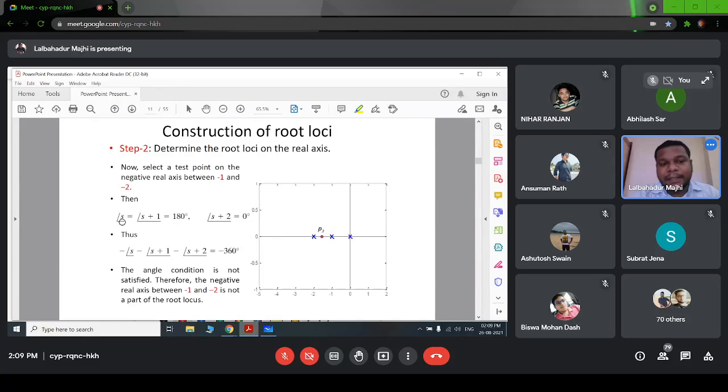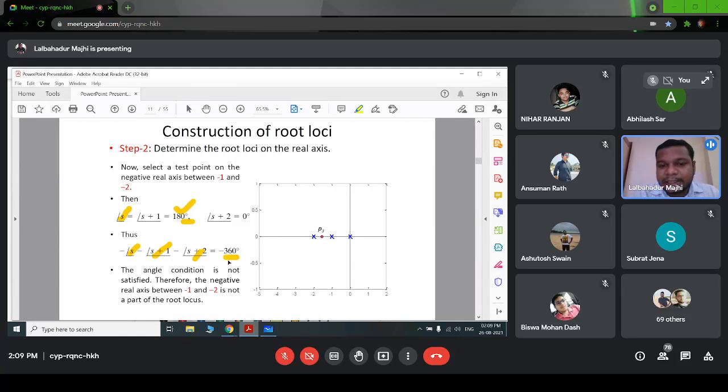So -1.5 gives 180 degrees, and similarly -1.5 plus 1 will also give 180 degrees. But -1.5 plus 2 will be 0.5, a positive number, so we will get 0 degrees. So the summation of angles will be 180 plus 180 plus 0, so we are getting 360 degrees.